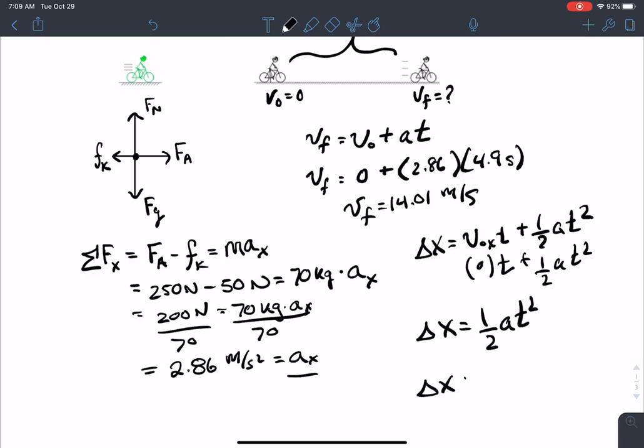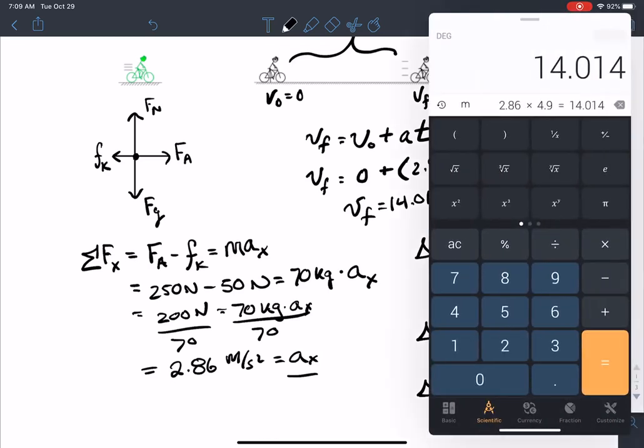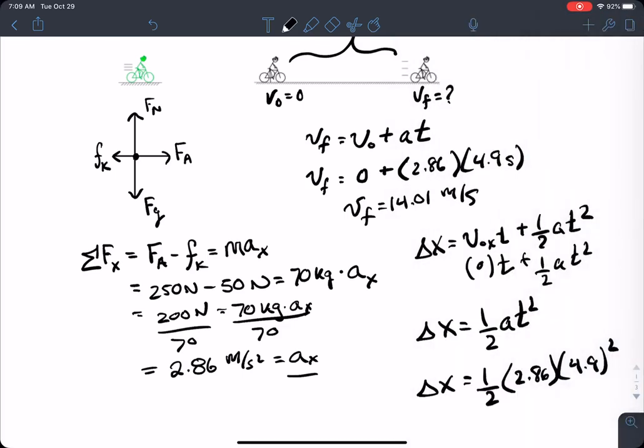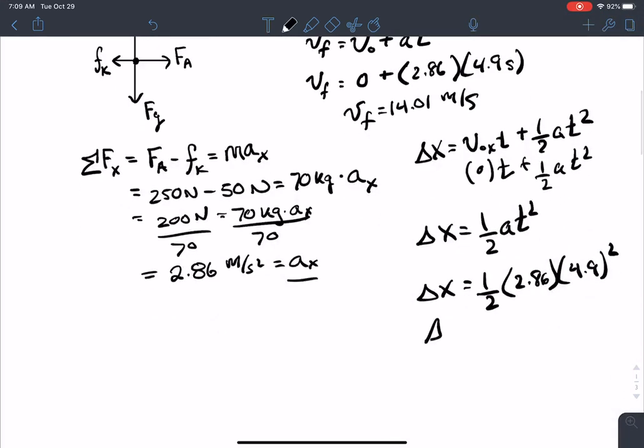Delta x is therefore equal to 1/2 times our acceleration, which is 2.86, times our 4.9 squared. Come and plug it in. 2.86 times 0.5 times 4.9 times 4.9 equals 34.3. So delta x equals 34.3 meters.